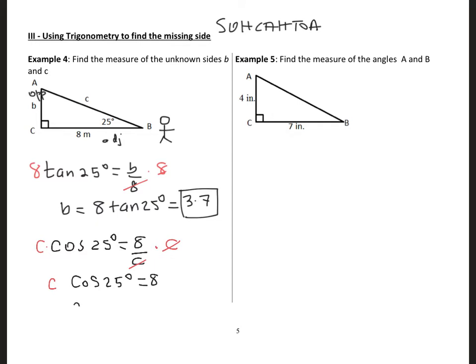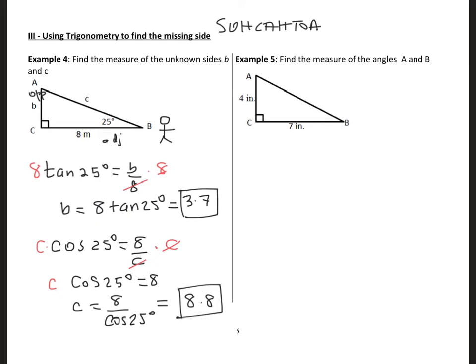So that means C is equal to 8 over cosine of 25. And when I solve that, what do I get? I get 8.8 when I put that in the calculator. And you can always confirm your answer by using the Pythagorean theorem.